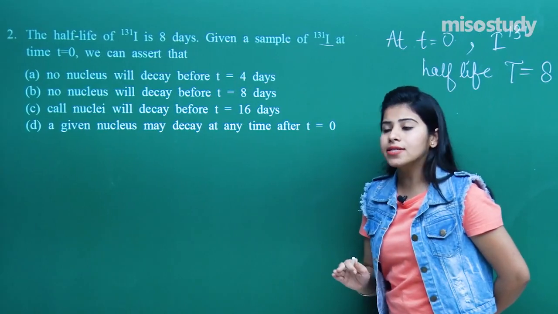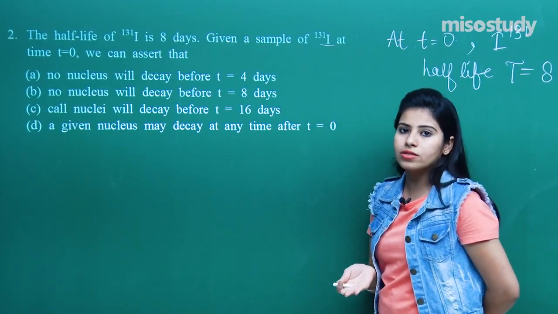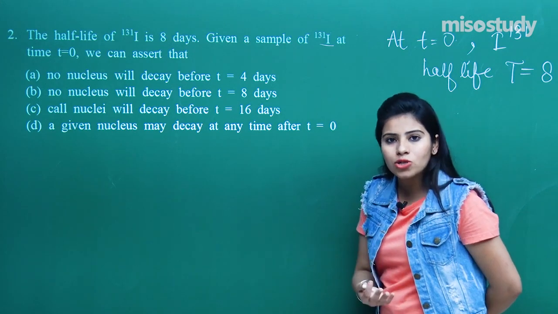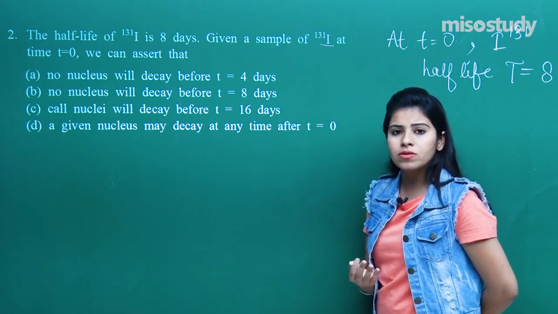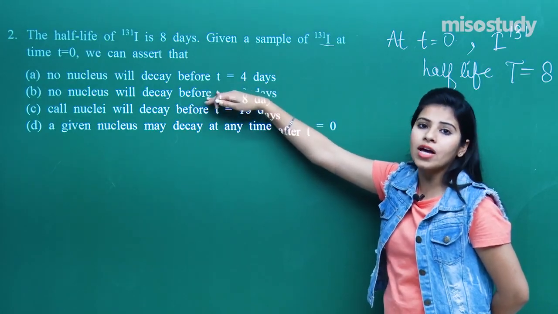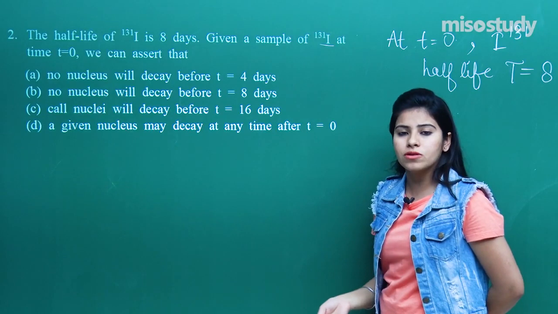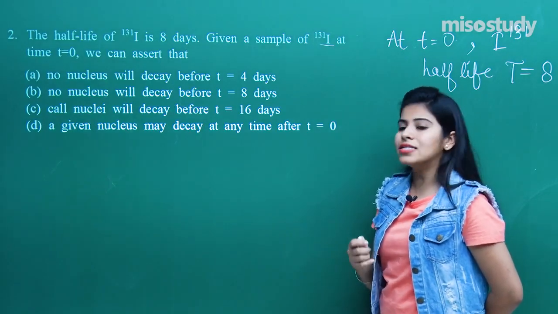Option 1 says no nucleus will decay before T equals 4 days. Can it be a correct option? According to me, the moment I see this option, I would cross it out, because it cannot be correct. Why?